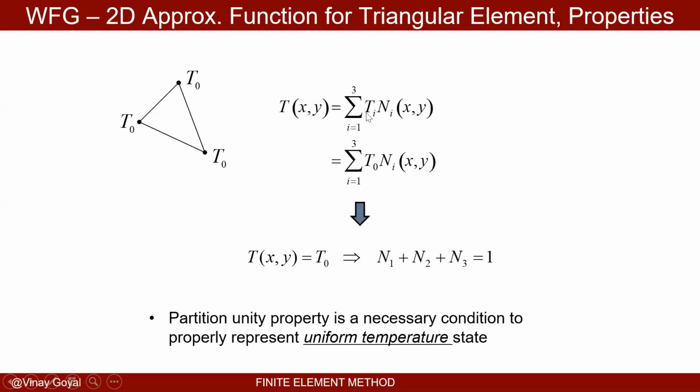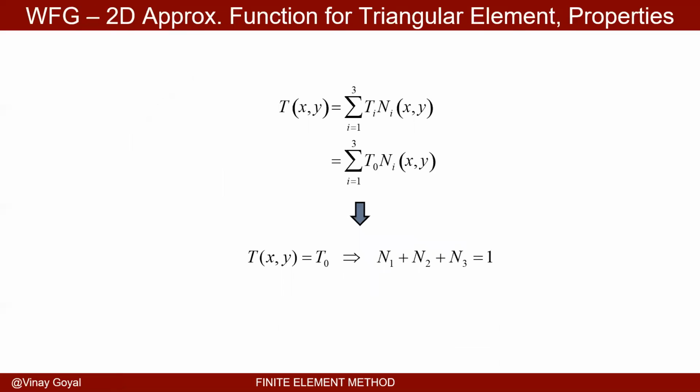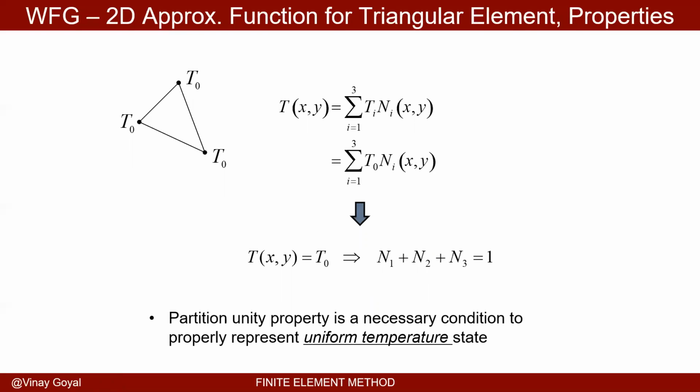And since Ti at every single node is T naught, it factors out. But obviously, the temperature at any point in between has to be T naught. So the left hand side is T naught, the right hand side has a T naught. That cancels out, so the shape functions added together become 1. And that makes sense. It makes sense that this has to happen, and that's a necessary condition to be able to represent a uniform temperature state.